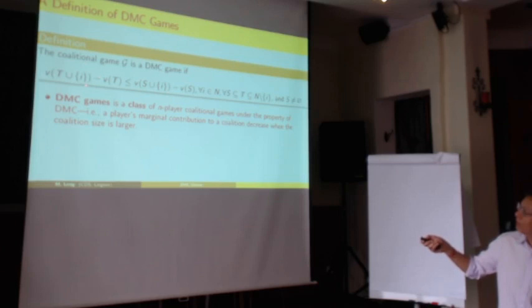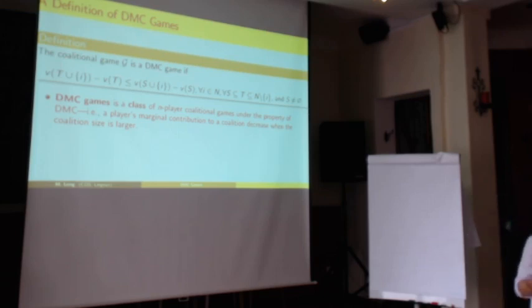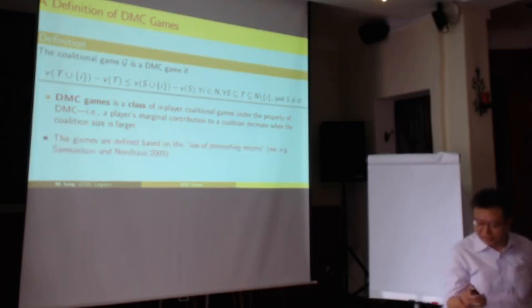And this person joins a bigger coalition, but the marginal contribution is smaller. So this is the diminishing marginal contribution games, DMC games. It's based on the law of diminishing returns.